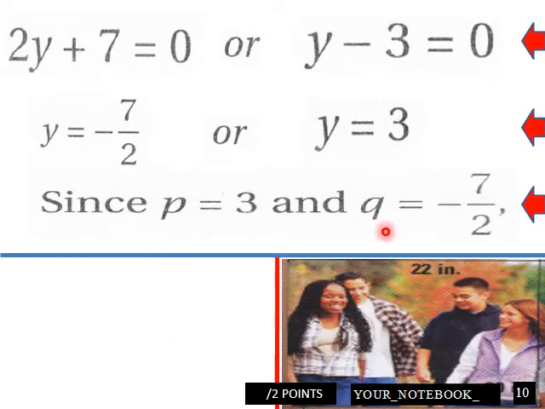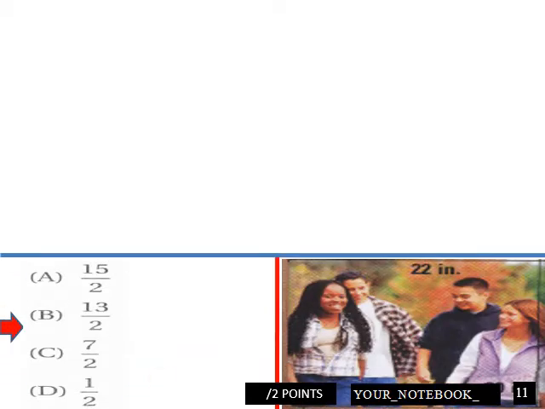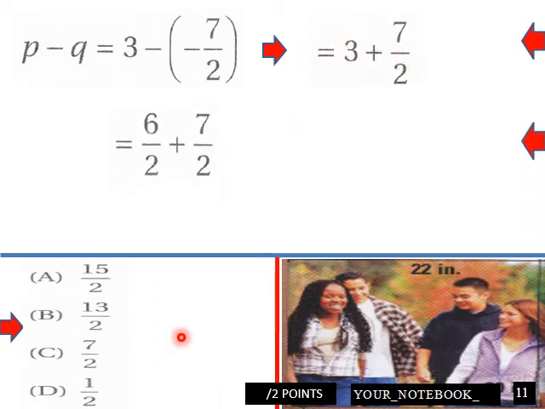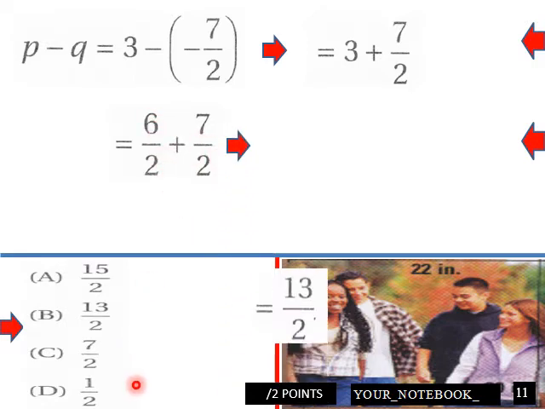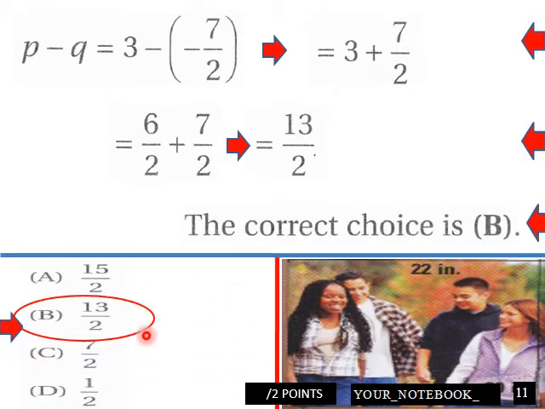Since p equals 3 and q equals negative 7 over 2, we compare: p minus q equals 3 minus negative 7 over 2, which equals 3 plus 7 over 2, equals 6 over 2 plus 7 over 2 equals 13 over 2. So it would be B. The correct choice is B here.